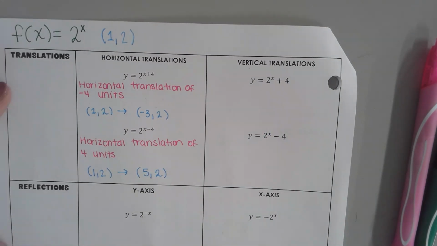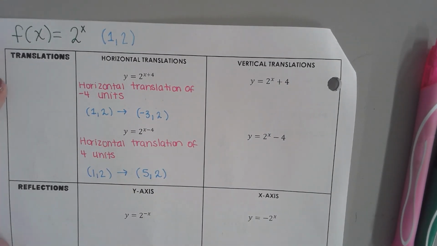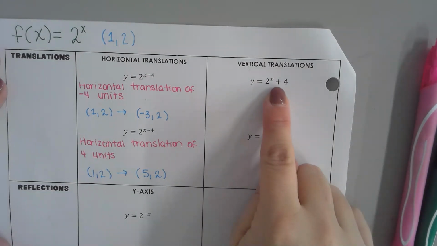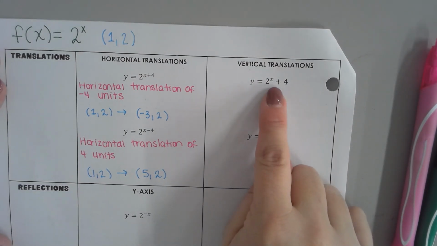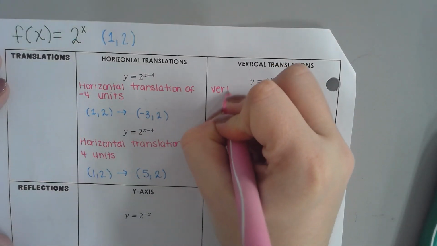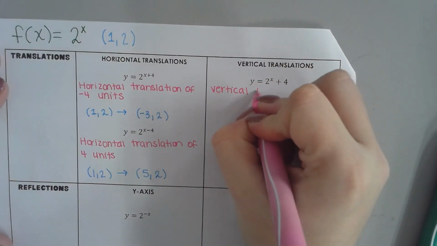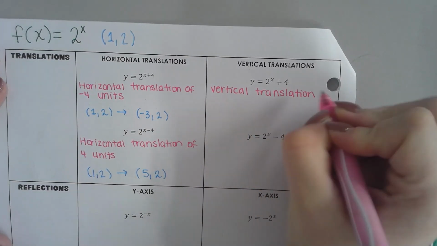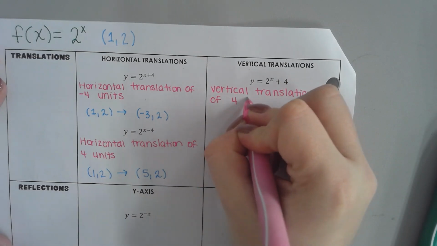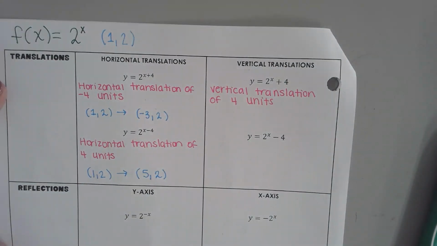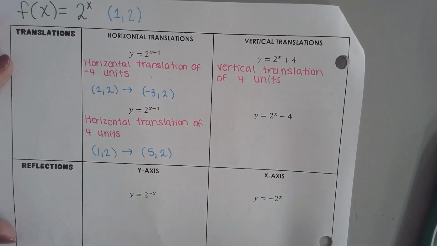Vertical translation goes up and down. That's your y's. Y's are not opposite. So when you see, and notice this +4 is at the end. It's after. So this is a vertical translation of 4 units. So it's +4, it's up 4.